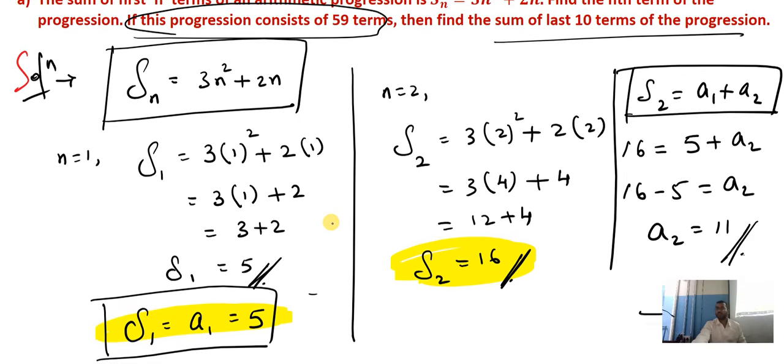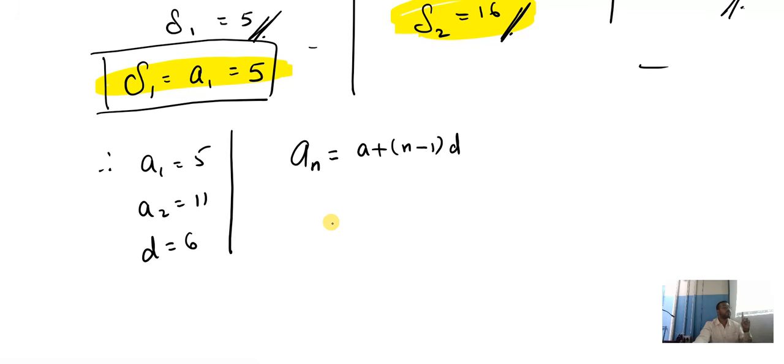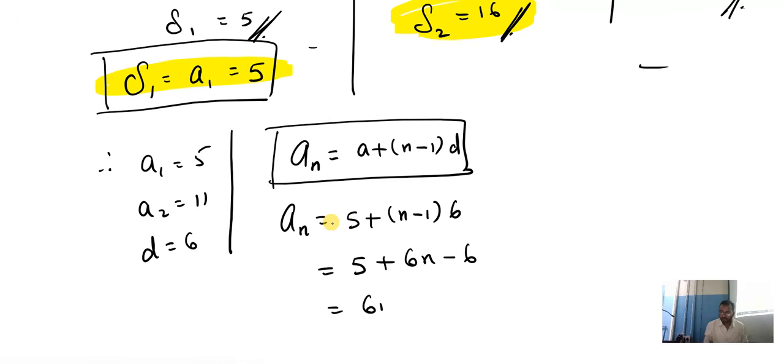Don't worry. Understood? Here two cases are there. The first case is to find the nth term. To find the nth term, we have the formula An equals A plus n minus 1 into d. So we can write An equals 5 plus n minus 1 times 6, that's nothing but 5 plus 6n minus 6. 6n as it is, 5 minus 6 is minus 1.